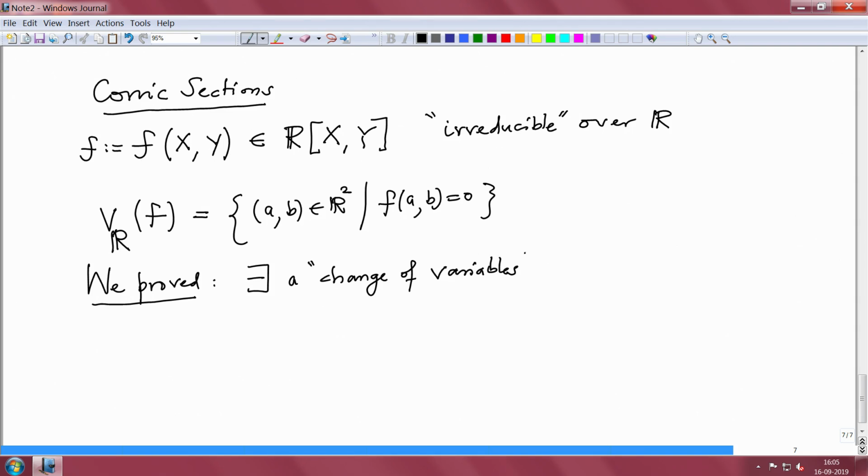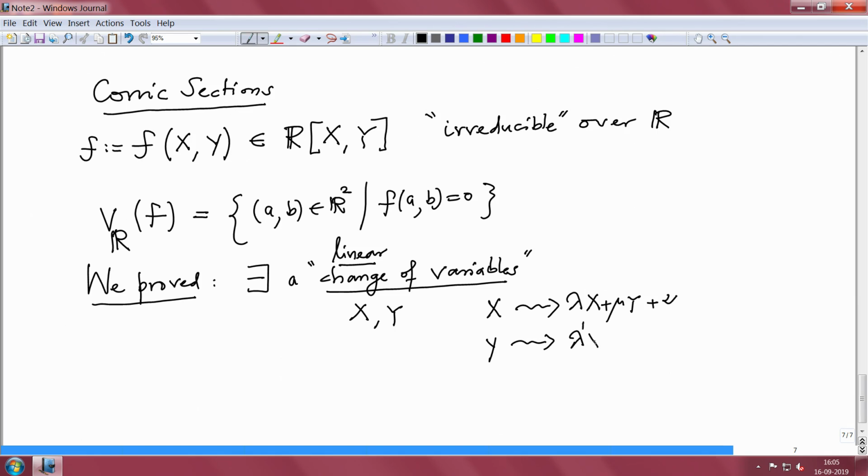Now what does this mean? This means we can change these variables x and y. Strictly speaking, there exists a linear change of variables. That means you change x to lambda x plus mu y plus a constant, and y to lambda prime x plus mu prime y plus nu prime.